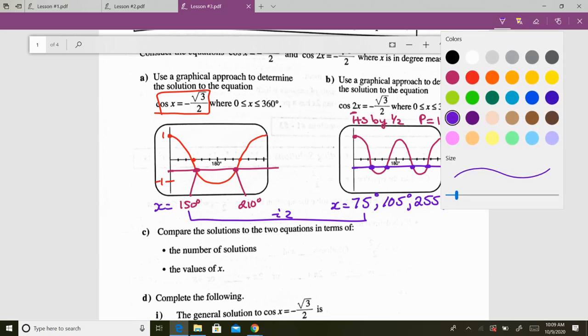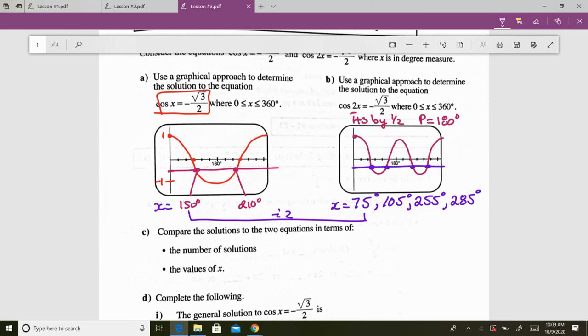Do you see how I go from 75 to 255? What have I added? 180. I've added the period, okay?